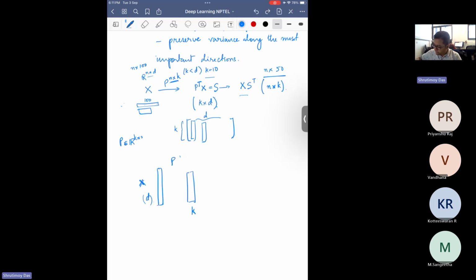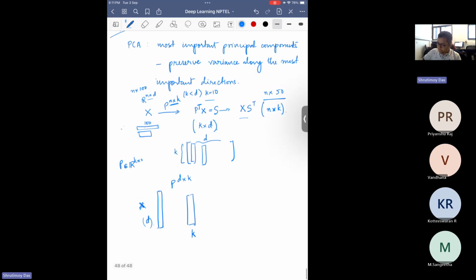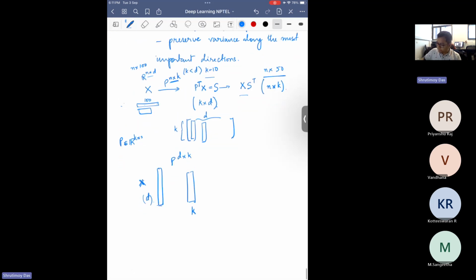Now you can look at this as a neural network, right? So you have your input layer here, and your first hidden layer here, and this P represents a set of weights here.